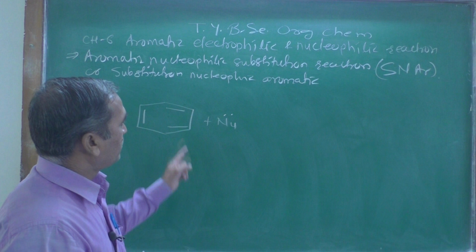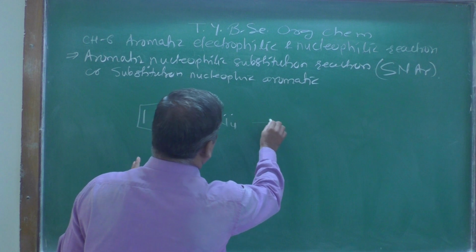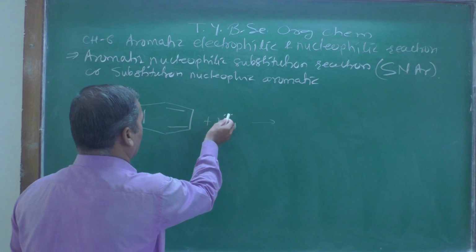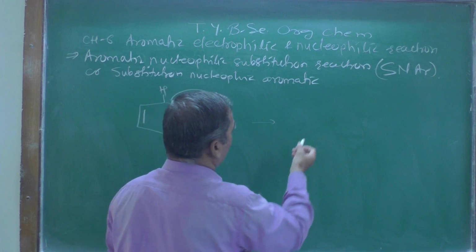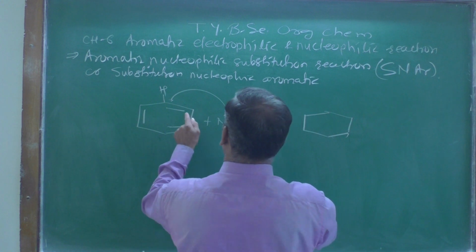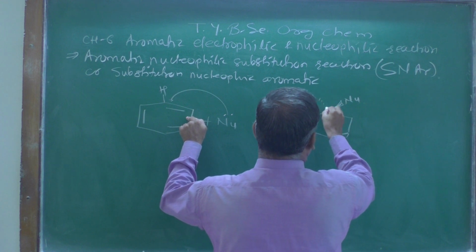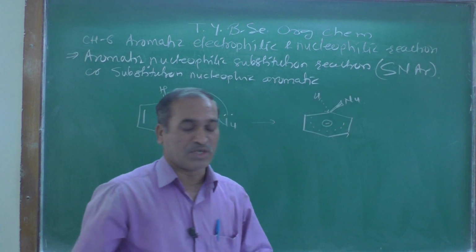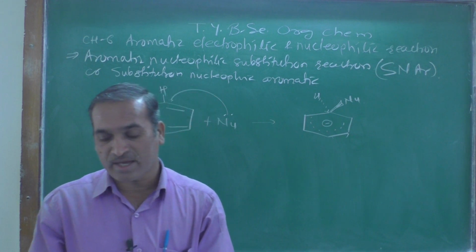The second reason: suppose a nucleophile attacks over here, where there may be a hydrogen atom, then there is a negative charge, and this negative charge cannot be accommodated by that benzene.